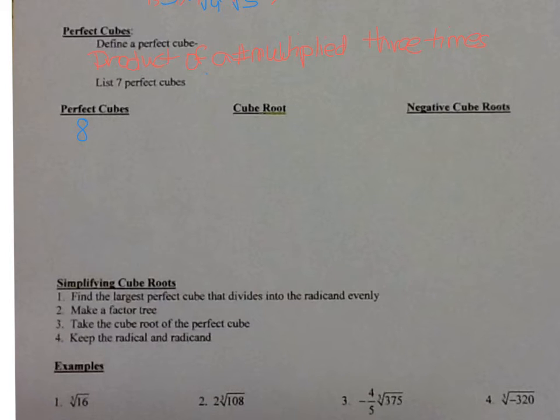Now we could also have negative 2 times negative 2 times negative 2. That would be negative 8. The next one would be 3 times 3 times 3. 3 times 3 is 9, times 3 is 27. So 27 is a perfect cube.